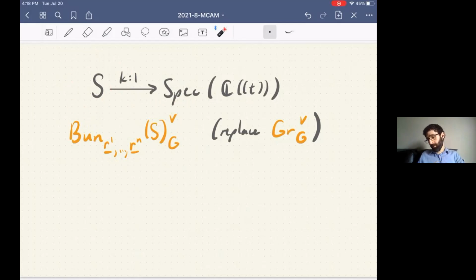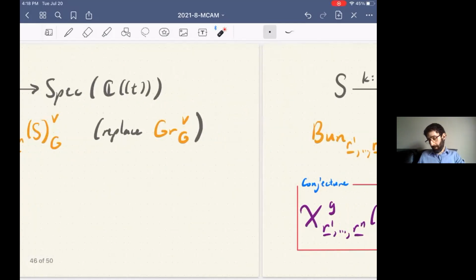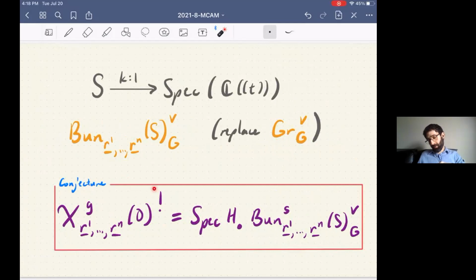So I really want to look at V-framed G bundles on a cover of, say, spec of the formal disk. And so this leads to a sort of conjectural Coulomb branch, which is spec of homology of a moduli space of appropriately framed bundles with appropriate data at punctures of a punctured branched cover of spec of the punctured disk.